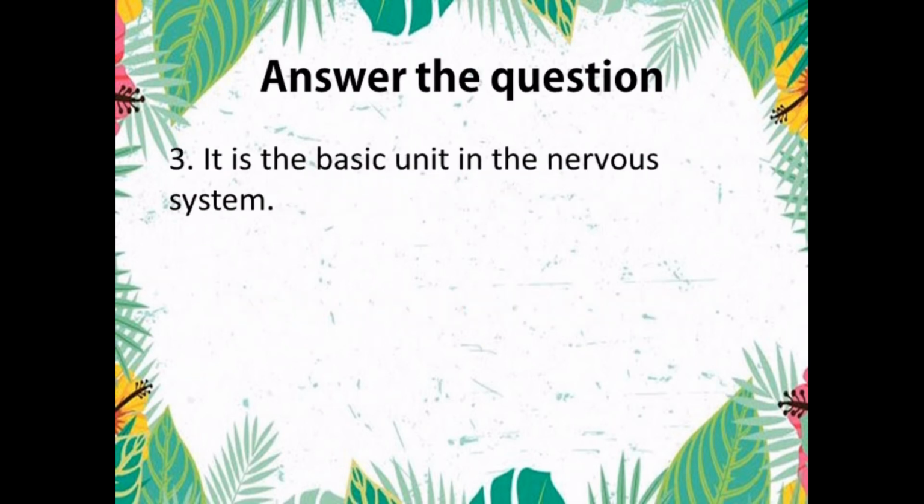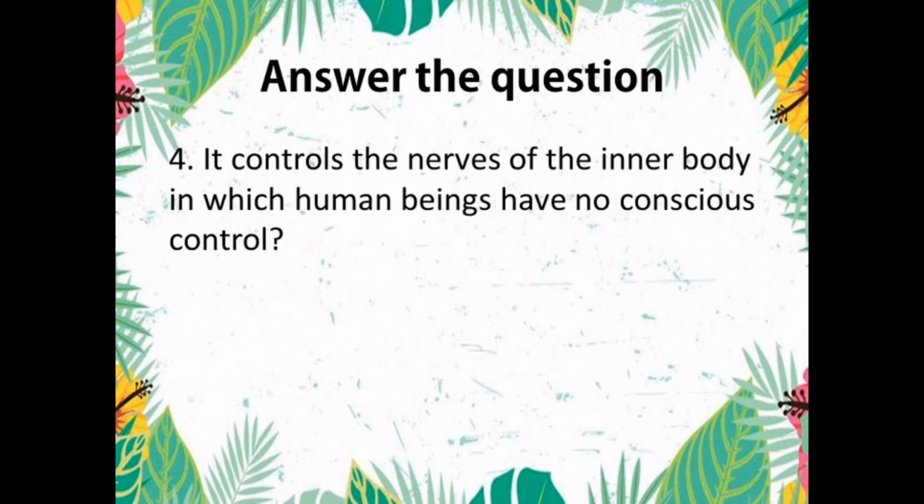Question number 3. It is the basic unit in the nervous system. What is the answer? Very good. The answer is neuron. Now, next question. Question number 4. It controls the nerves of the inner body in which human beings have no conscious control.